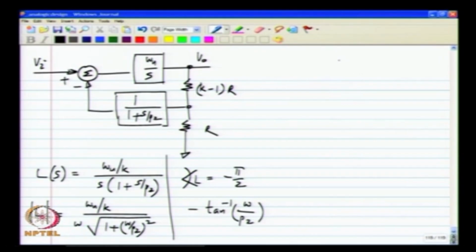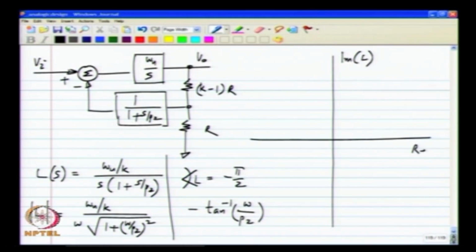Now we can draw the Nyquist plot, the plot of imaginary part of L versus real part of L. And we have this point minus 1, 0 as always. So, for very low frequencies, for very low values of omega, the magnitude is close to infinity and the phase angle is close to minus pi by 2.